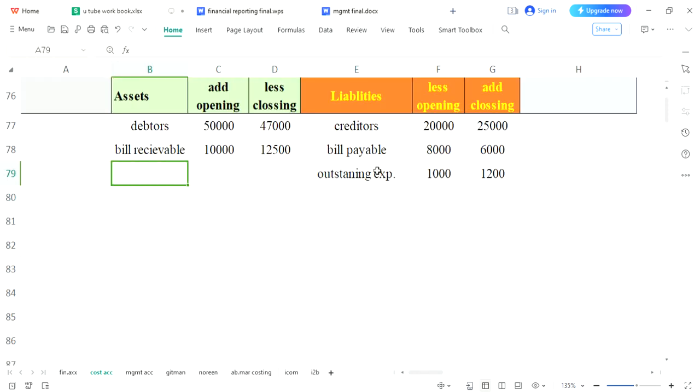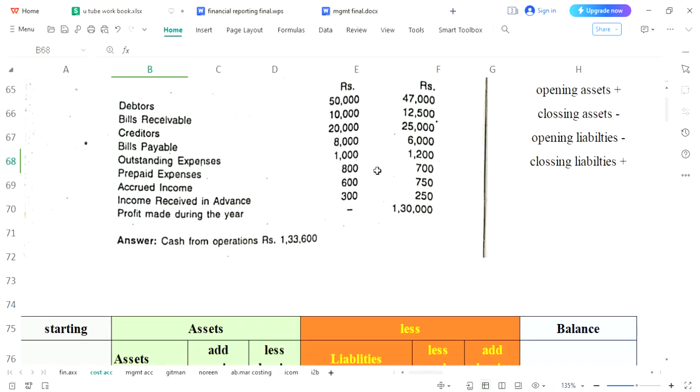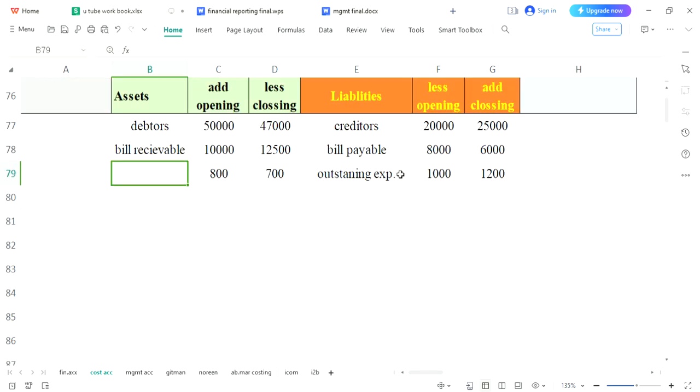Prepaid are assets. You are not at that stage where you might be confused whether prepaid is an asset or liability. So I'm very sure that at this level there must not be any discussion about that. So prepaid 800 and 700, these are your assets.